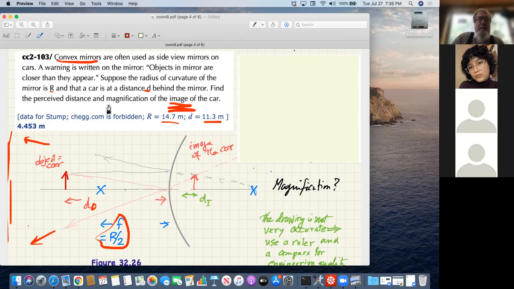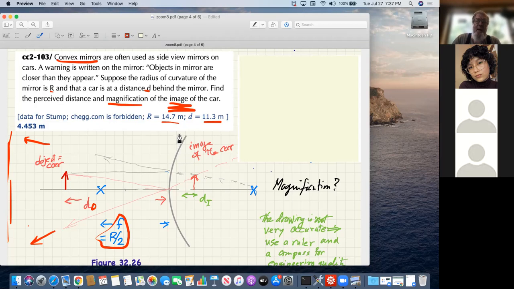Now, I also want to calculate the magnification. Yeah, this objects in mirror are closer than they appear requires a little bit of thought as to what that means.